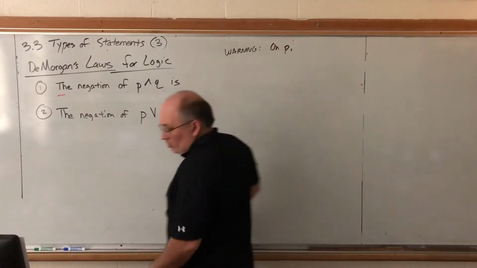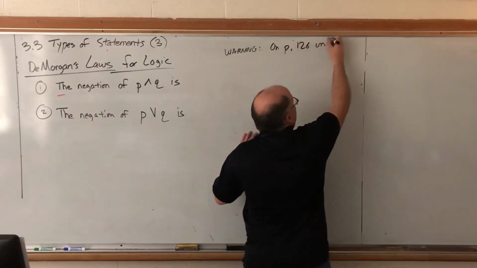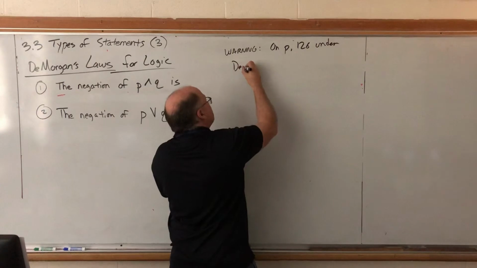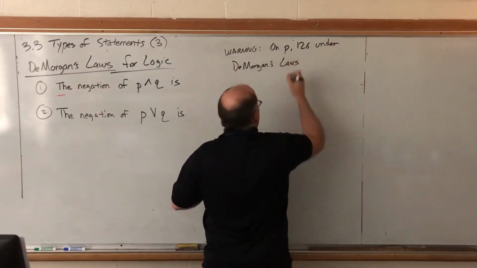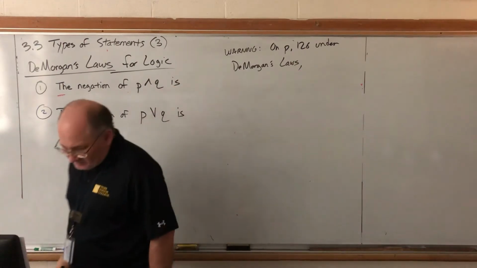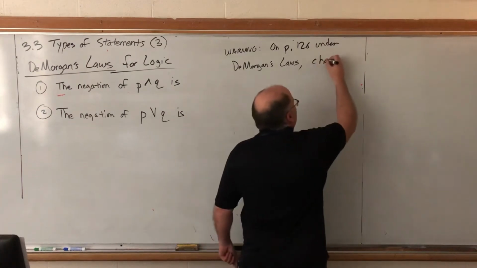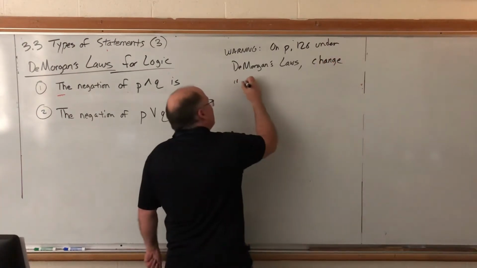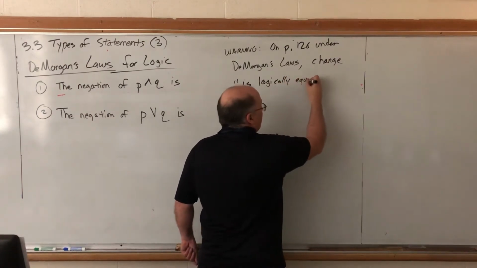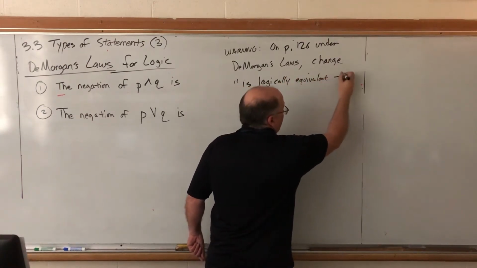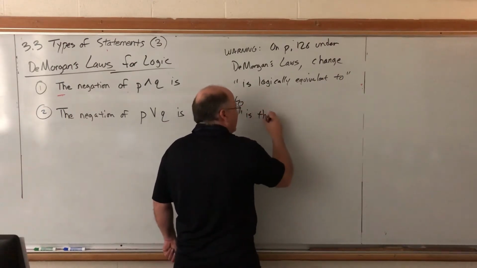On page 126, under De Morgan's laws, change "is logically equivalent to" to "is the negation of."